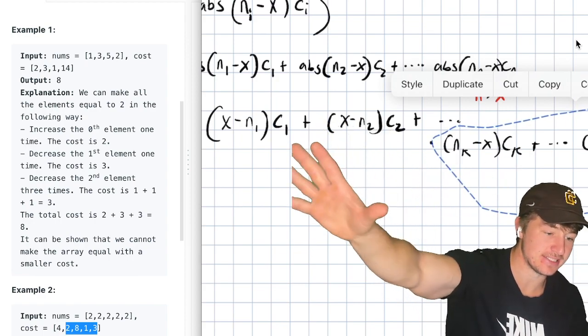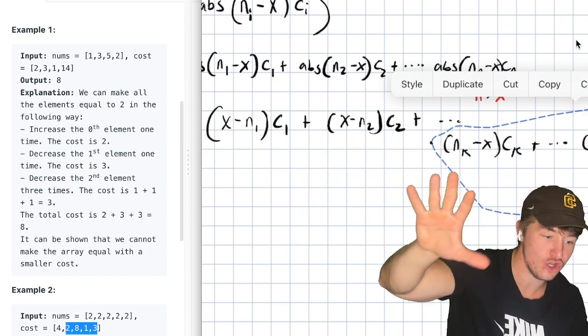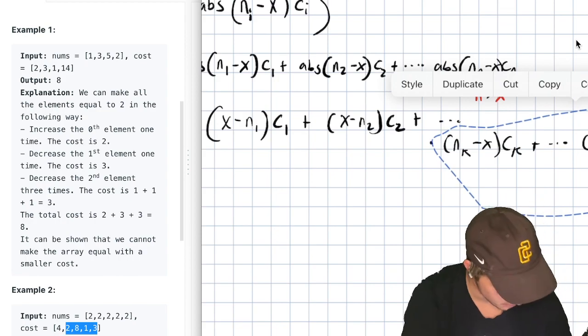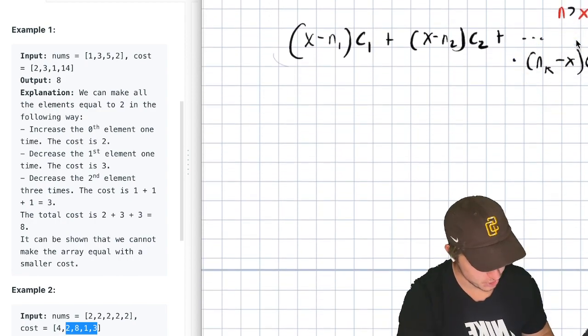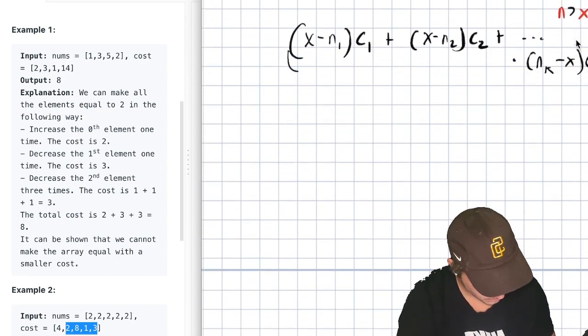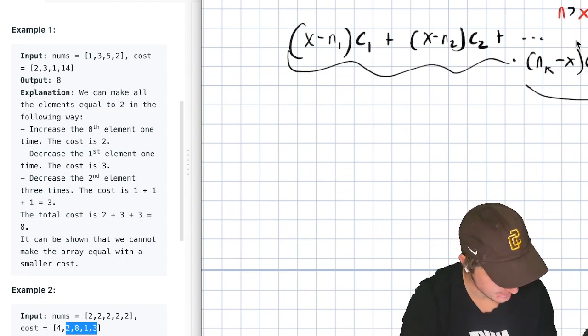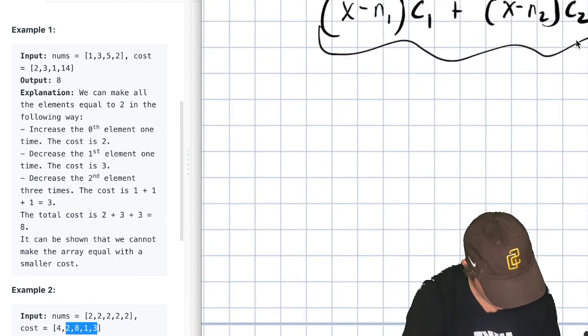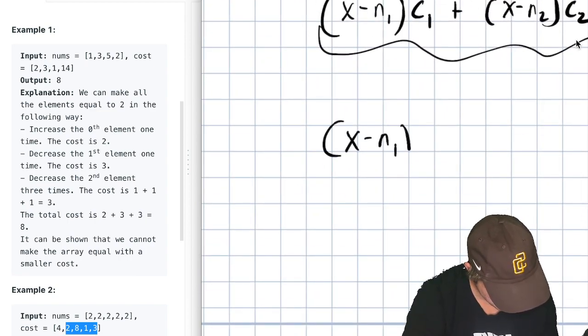The only reason I'm doing this is because I'm trying to group these things together so that I can try to find a formula. When they're stuck in this absolute, there's nothing that I can do. So we'll treat these as two different cases up here and then over here, and we'll say that that's the k value where things change. Okay, so let's just imagine that this was the case here first.